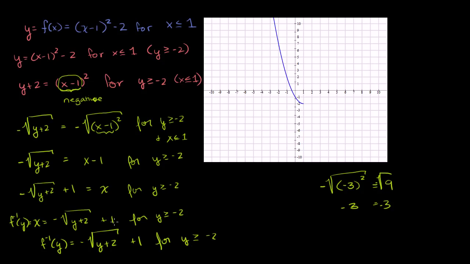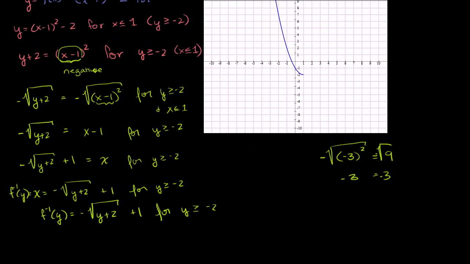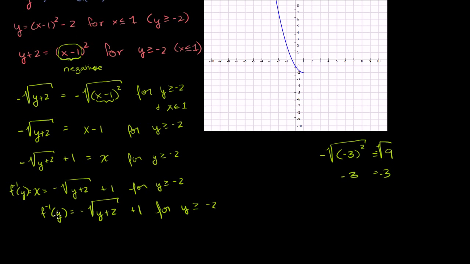And now, if we want this in terms of x, we just rename y as x, replacing the y's with x's. So f inverse of x is equal to the negative square root of x plus 2 plus 1, for x greater than or equal to negative 2.